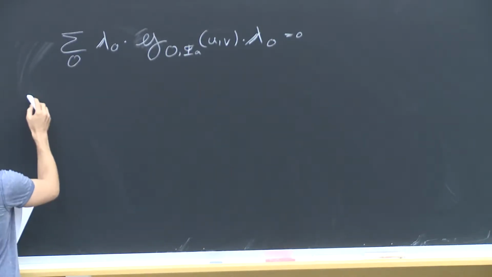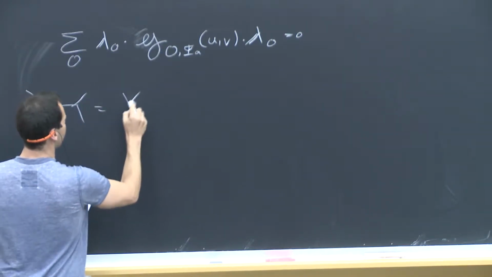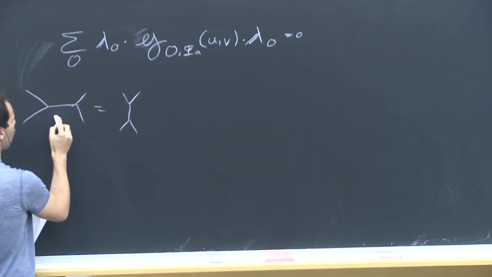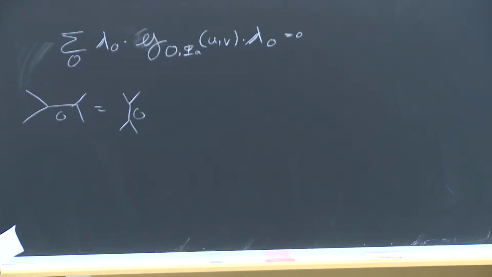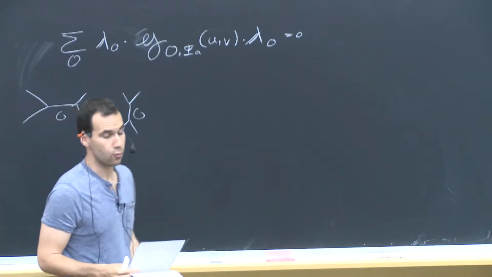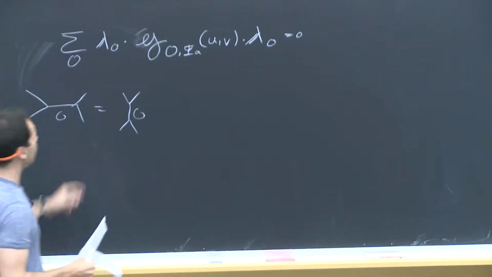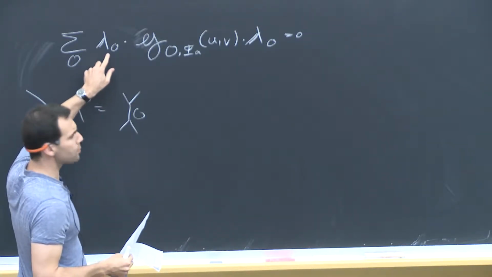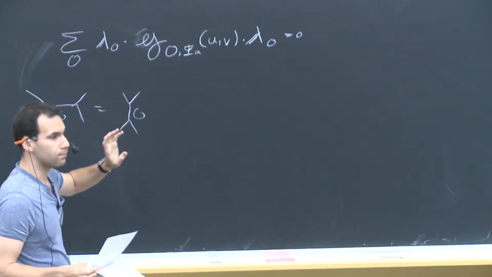So again, we are looking at a crossing equation that perhaps looks like this, schematically. So we are exchanging operators O in the intermediate channel. These operators O can have various kinds of quantum numbers. And to each such operator will correspond a vector of OPE coefficients.